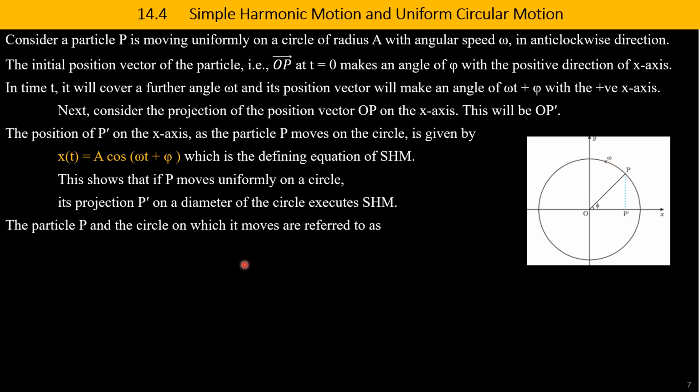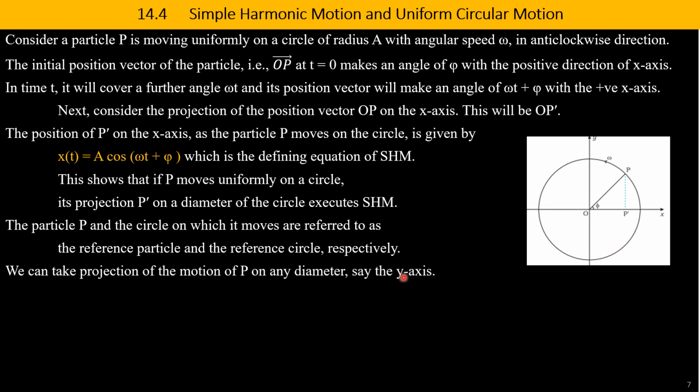The particle P and the circle on which it moves are referred to as the reference particle and the reference circle. We can take the projection of P on any diameter, say the y-axis.